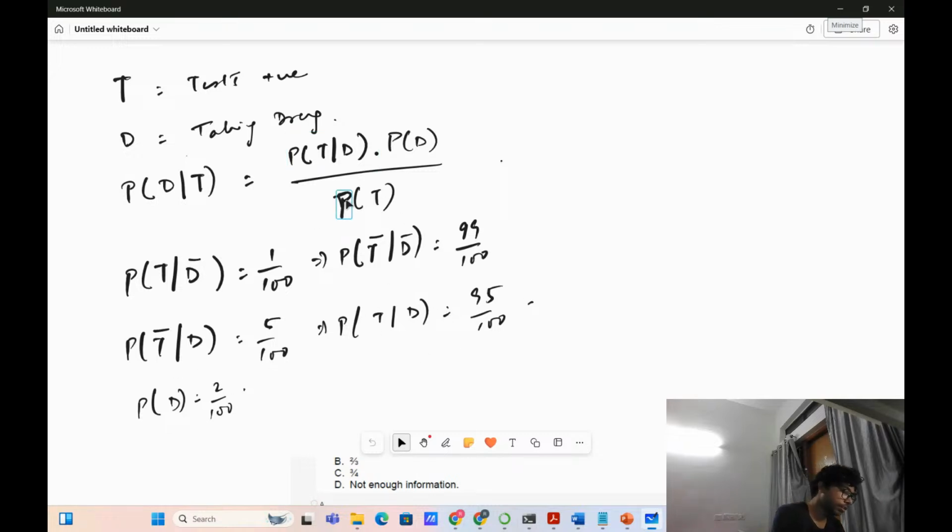So this is a tricky way. As I said, we'll calculate this using the law of total probability. So how do we do it? P of T given D times P of D plus P of T given D bar times P of D bar.